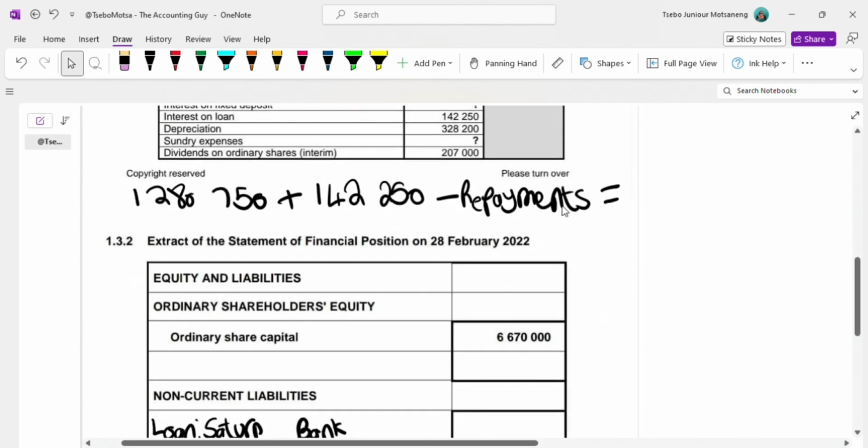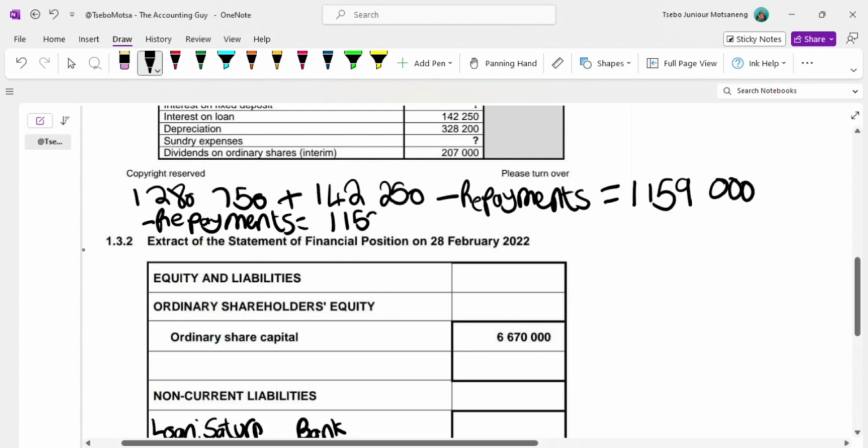Okay, let me just write it down. 1,159,000. So I'll just be working backwards. When I work backwards, I'll change the signs, right? So I'll have minus repayments to be 1,159,000, and everything will just have an opposite sign.